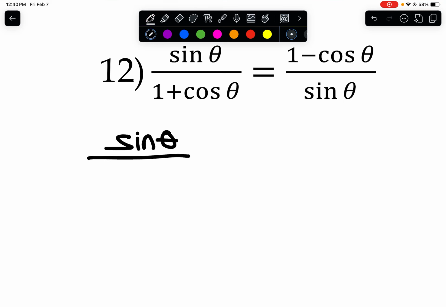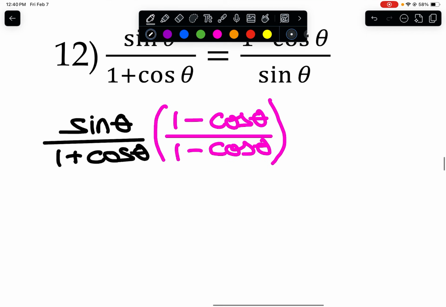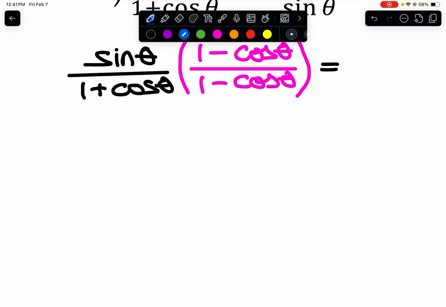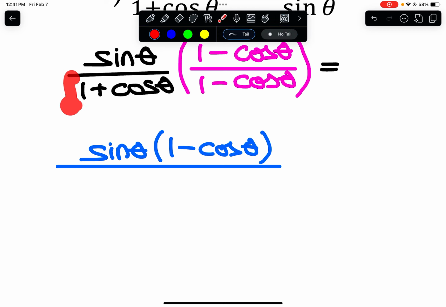So we're going to have sine theta over 1 plus cosine theta. And then for the conjugate, I'm going to multiply by 1 minus cosine theta. Once again, you're going to leave that right side alone. So now I'm going to simplify. In the top, I'm going to just leave it as sine theta times 1 minus cosine theta. And in the bottom, where we have the 1 plus cosine and the 1 minus cosine, I'm going to multiply those out.